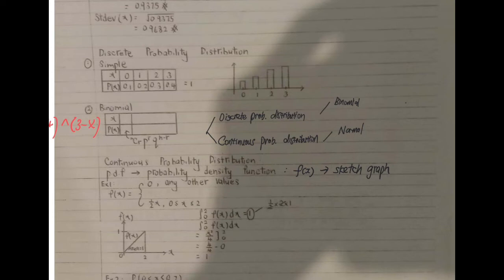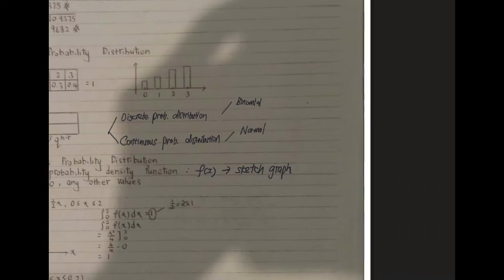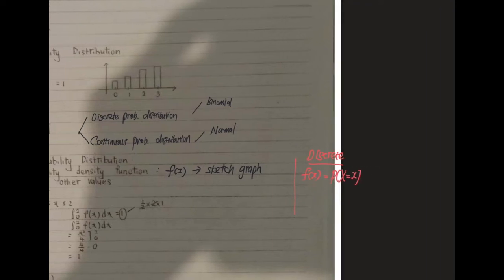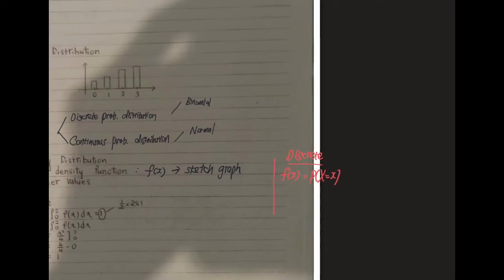In discrete, I just put it here as comparison. In discrete, f(x) is equal to P(X = x), P(X = r), which is the probability function.